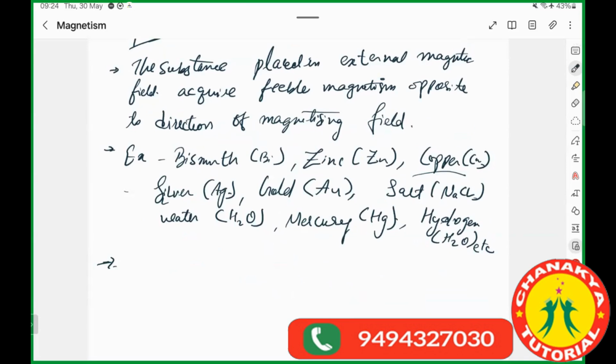Okay, so now let's draw and check how the magnetism will be visible.